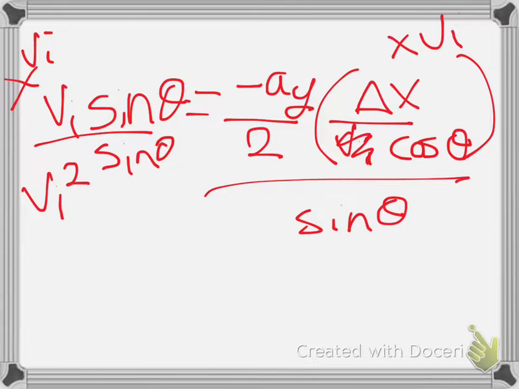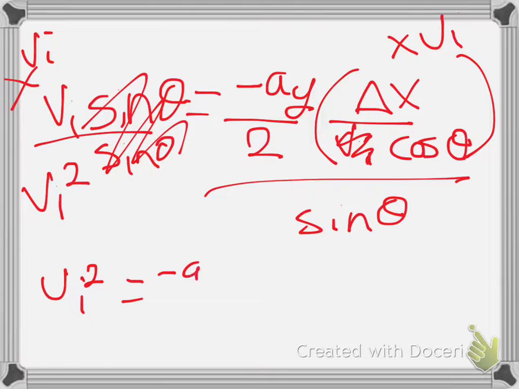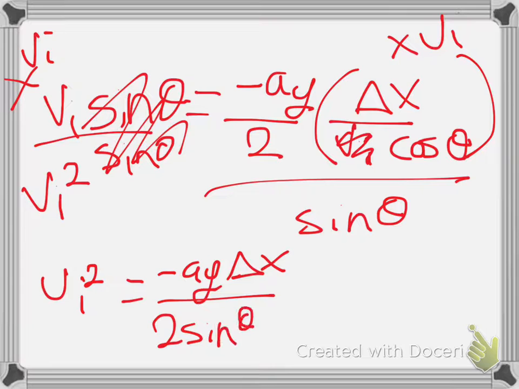So velocity initial disappears from over here, and sine of theta disappears from over here, and we are left with velocity initial squared equals negative a y delta x over 2 sine of theta cosine of theta, and then we just square root to get rid of that.